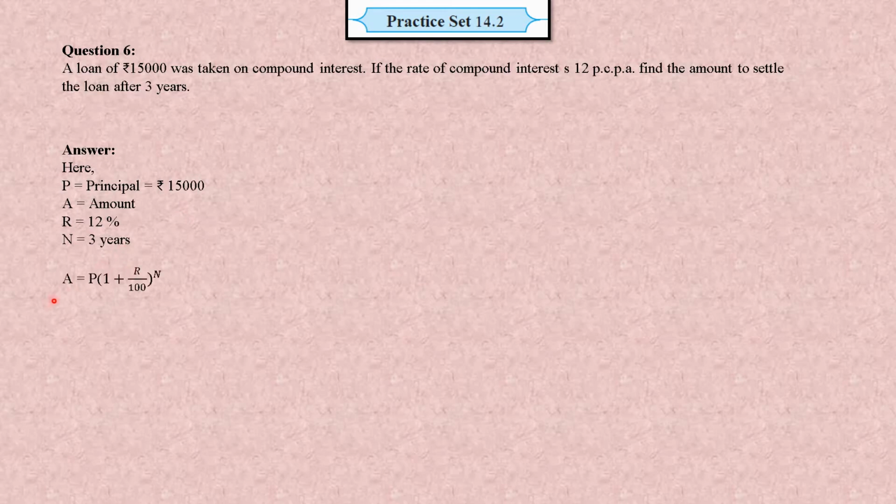By using the amount formula, A is equal to P into 1 plus R upon 100 raised to N. Substituting the values of P, R and N, we get 15,000 into 1 plus 12 upon 100, the whole bracket raised to 3. Solving this and calculating the value, we get 21,073.92. Hence, the amount after 3 years will be 21,073.92.